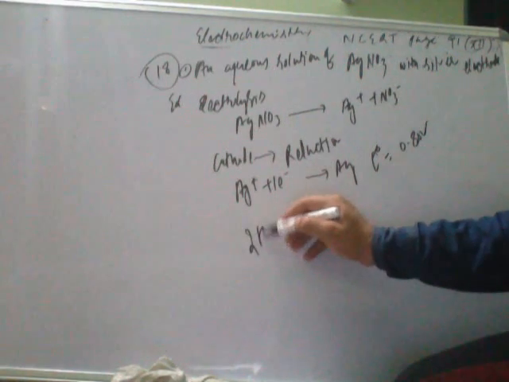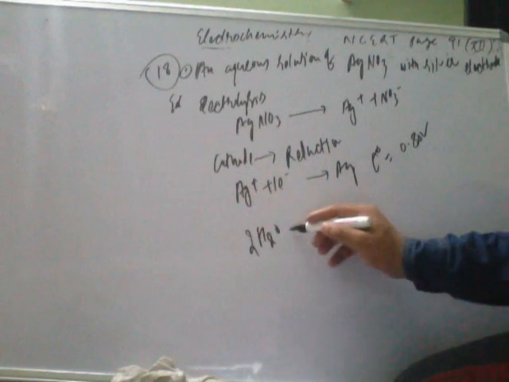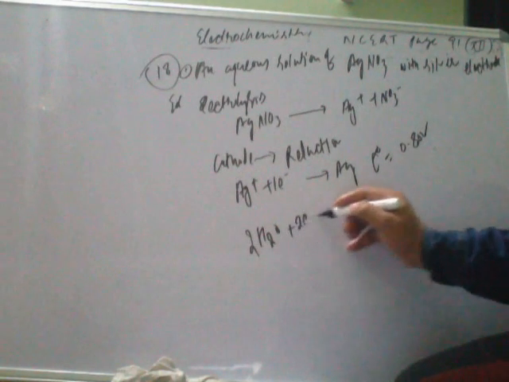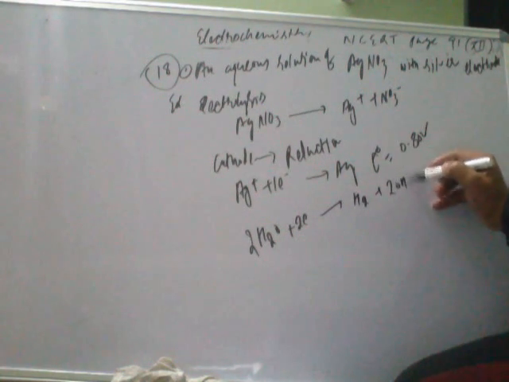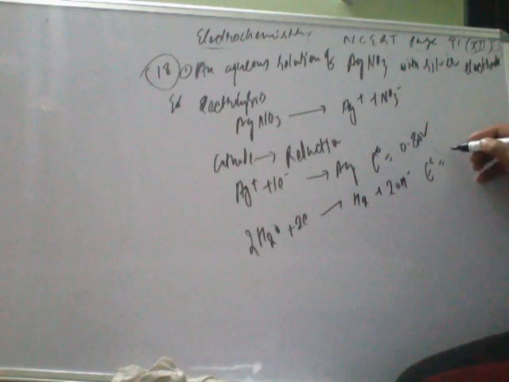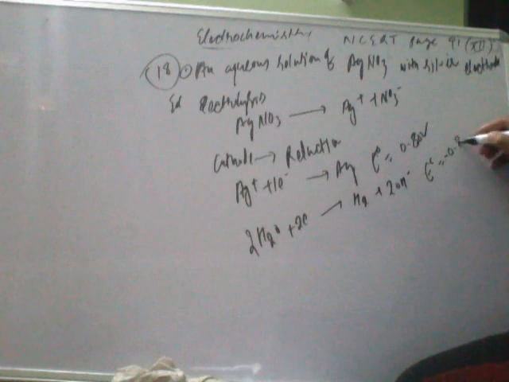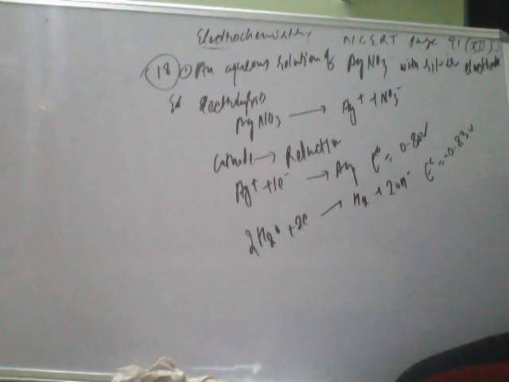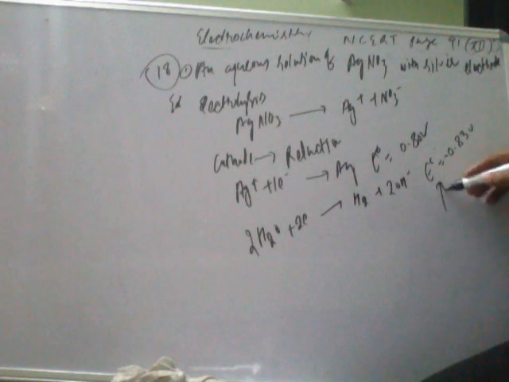Now for the other one, you have water also, 2H2O. If you add 2 electrons here, you will get H2 plus 2OH-. The electrode potential here is minus 0.83 volt. Now which value is more negative?